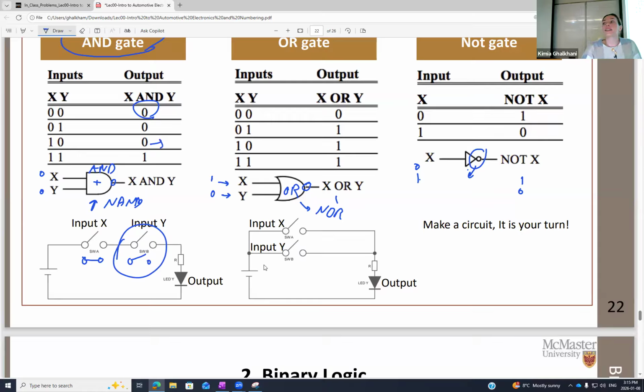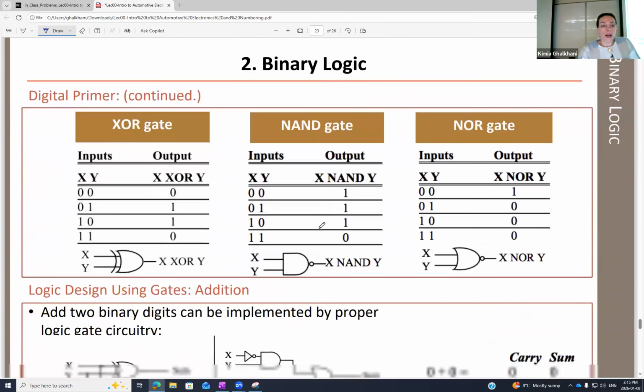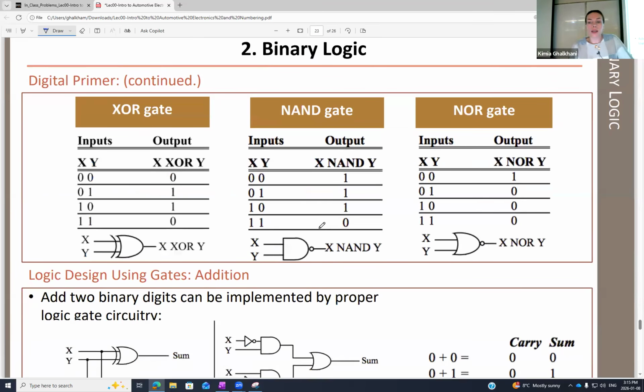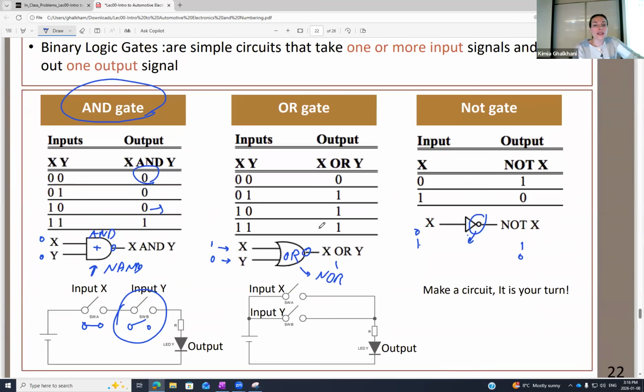And so on. Make sense, kids? I already mentioned these two, NOR and NAND, in the previous slide. If I add this one, the same symbols for AND and OR are going to become reversed. Anything I had in here for AND or OR, when I add this, guys, it becomes opposite.